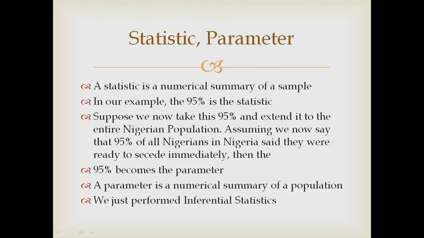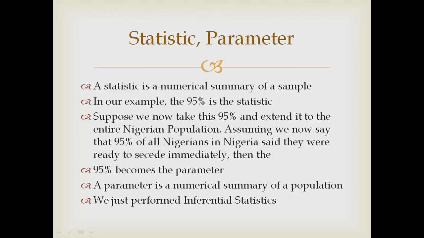But anyway, let's continue. If you now extend this sample to the population, the Nigerian population, we call this inferential statistics. You're now using the 95% you got from the sample of 100 million and making a generalization to the population.